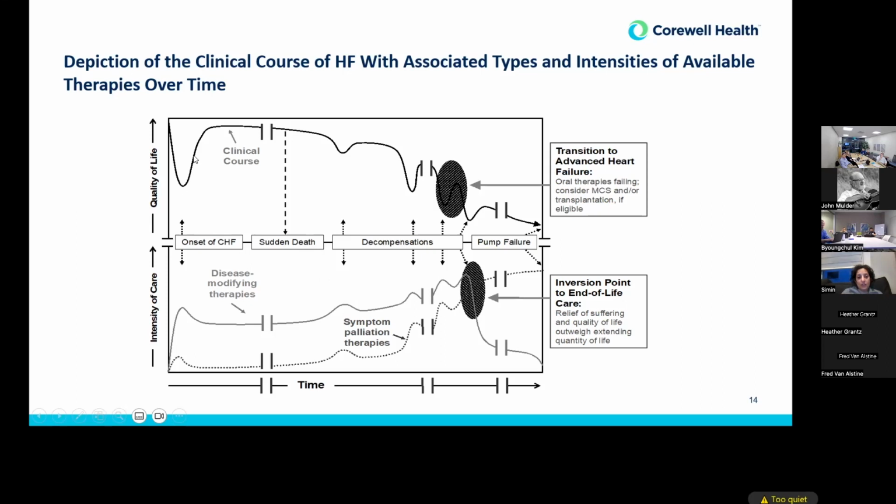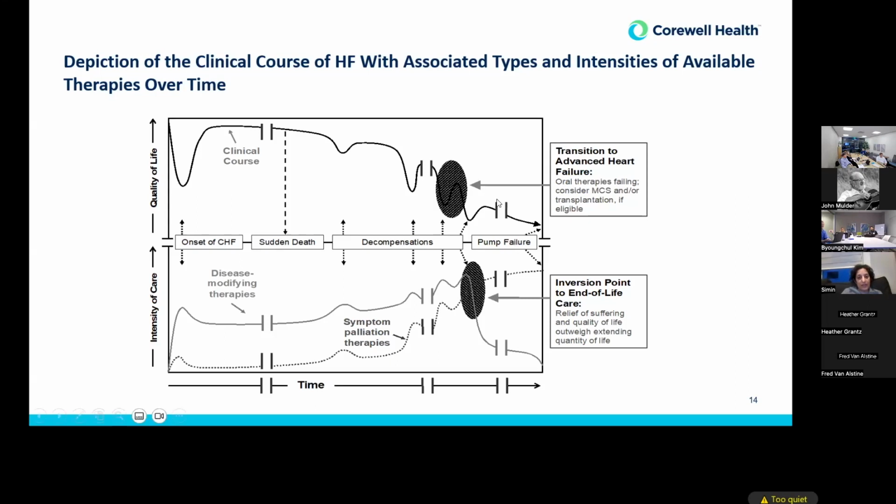First of all, the overall trajectory is kind of this up and down with these dips. And when heart failure becomes advanced and the patient's condition has progressed enough, it is appropriate to have some advanced therapies that might suit the patient's goals of care and their condition.